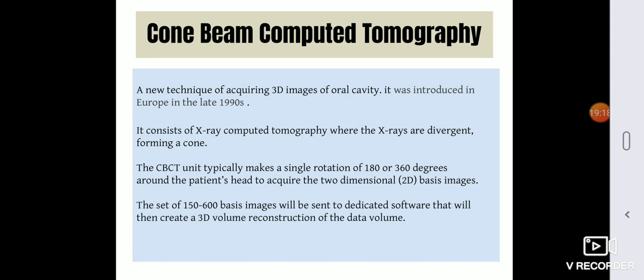Now, the basis images which are obtained are collected in the detector within a few seconds. Now, in the reconstruction phase, the set of 150 or 600 basis images are sent to the software, which then creates a 3D volume reconstruction of the entire data, which is collected from the two phases.